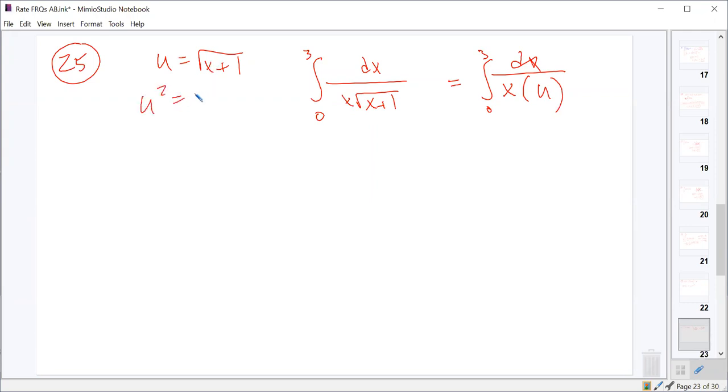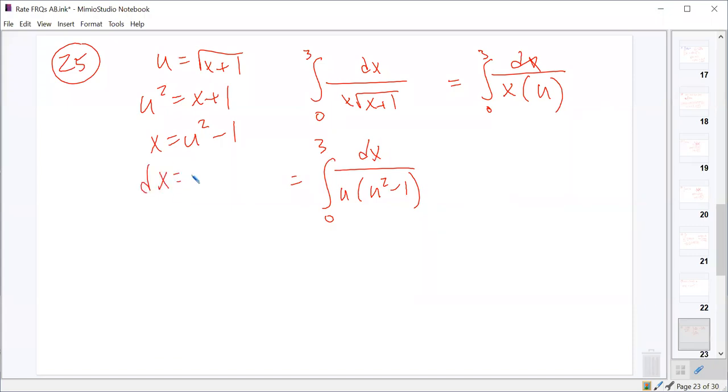So u squared equals x plus 1, or x equals u squared minus 1. So this now becomes the integral from 0 to 3 of dx over u times u squared minus 1. But now we got to turn it all into terms of u. So that means we got to replace the dx. Well, dx will be 2u du.